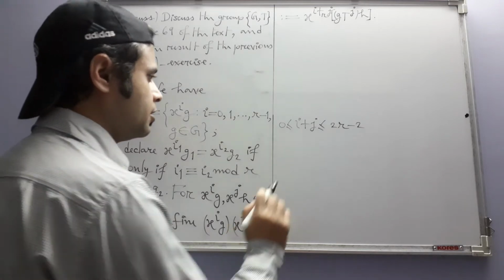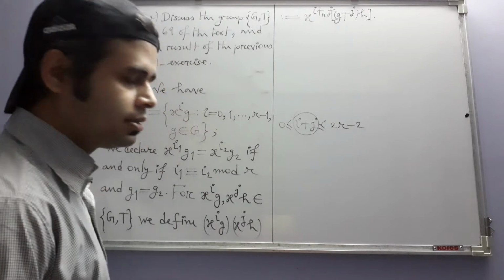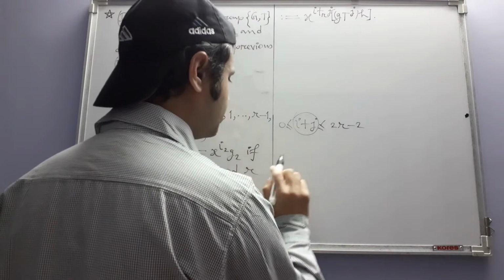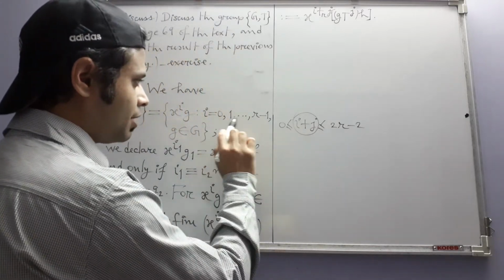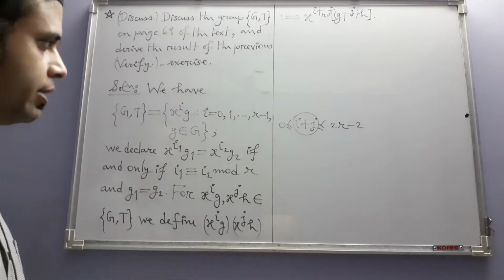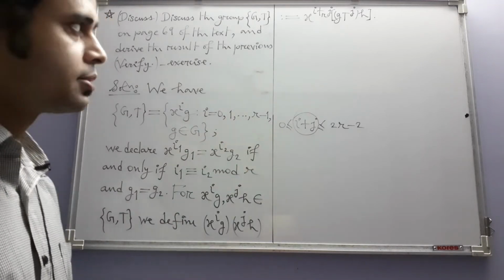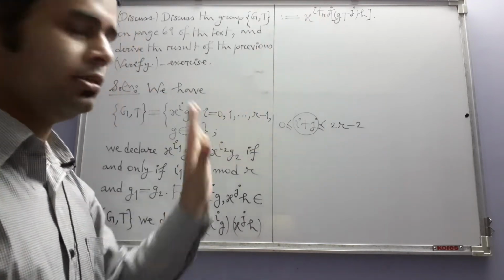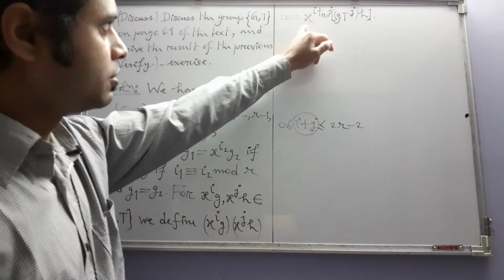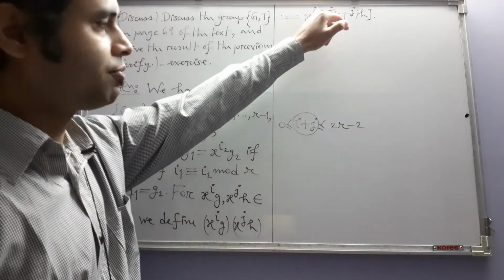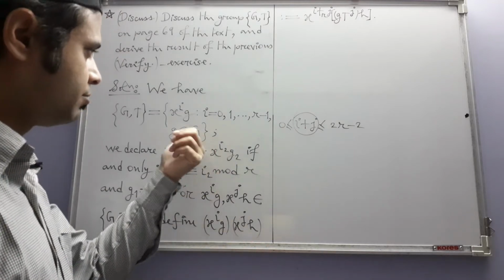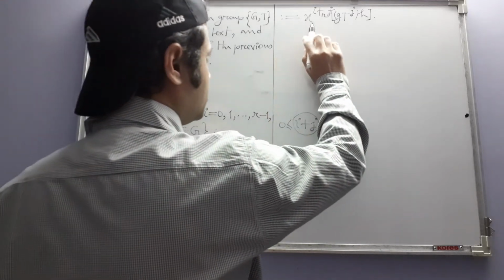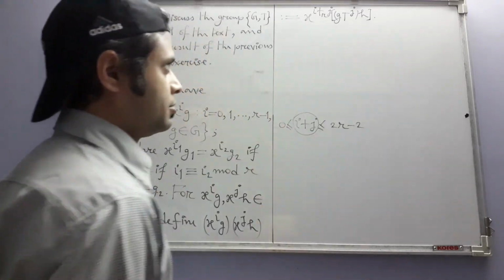After all, it's an integer. Now when we divide this ordinary sum by R, the remainder that we get will obviously be one of these integers, because when we divide by R, these are the possible remainders. So that means the number that appears above x is one of these. Okay, so there is no problem with this number. Above x we have the kind of number that we want here, but then that is accompanied by this. Now what is this?